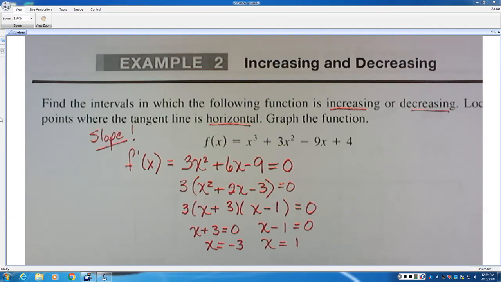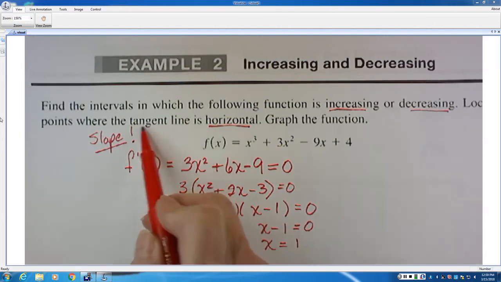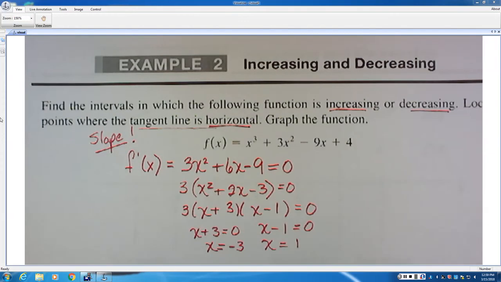That means that x would be negative 3, and x would be positive 1. So the tangent line is horizontal at the values x equals negative 3 and x equals 1.